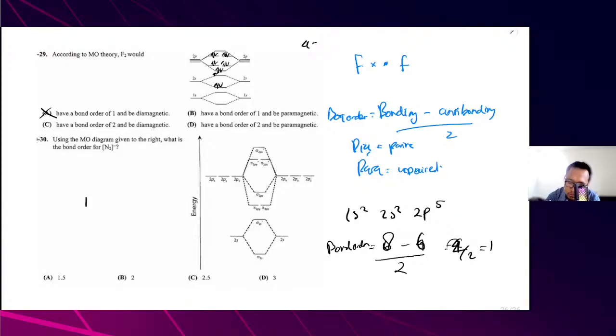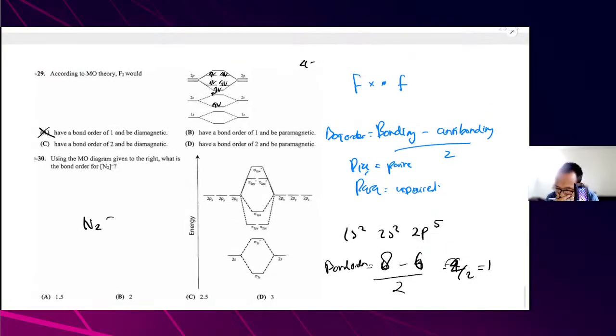N2 minus. N2 minus. So it will be adding 1 electron. N is 7. Okay, so 1s2, 2s2.